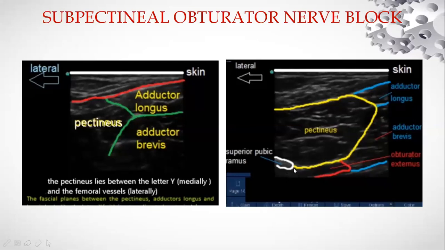These two come into the picture once we move the probe a little bit cranially. Once this is visualized, our next step is to deposit the drug deep to the pectineus, in the intramuscular fascial plane between the pectineus and the obturator externus. Here you will basically be hitting the bone of the superior pubic ramus, and that is where you're supposed to deposit the drug for the subpectineal obturator nerve block.